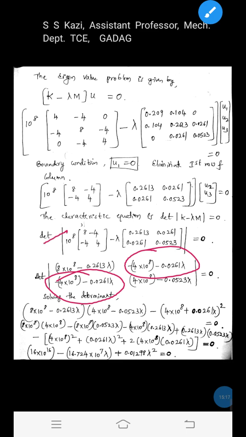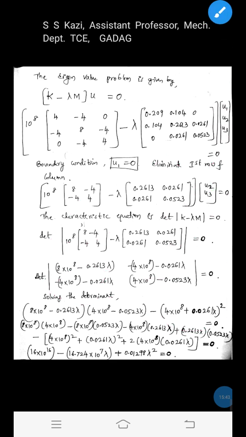I will take minus as common, and in the bracket you will get 4 into 10 raised to 8 plus 0.0261 lambda. Both are the same. Minus of this term into minus of this term you will get plus, so plus 4 into 10 raised to 8 plus 0.0261 lambda whole square. Both are the same, hence I write whole square. And outside it is minus, because this multiplication minus the multiplication of these two terms.